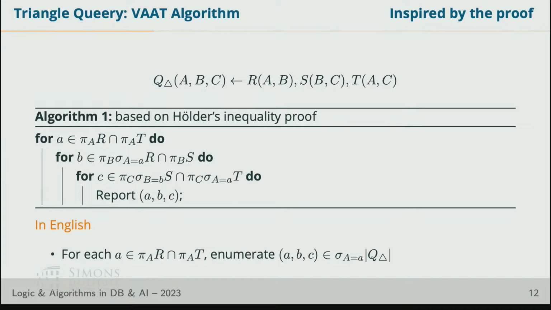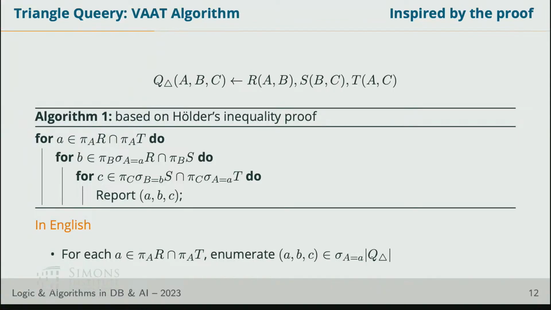In English, all we are doing is for every a, let's enumerate all ABCs in this section of the query. Oh, I'm sorry, there should not be these vertical bars here. I'll fix the slide. This is just the selection of the output, but on a equals little a.